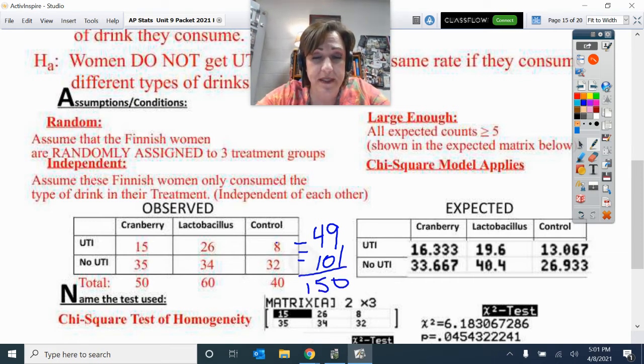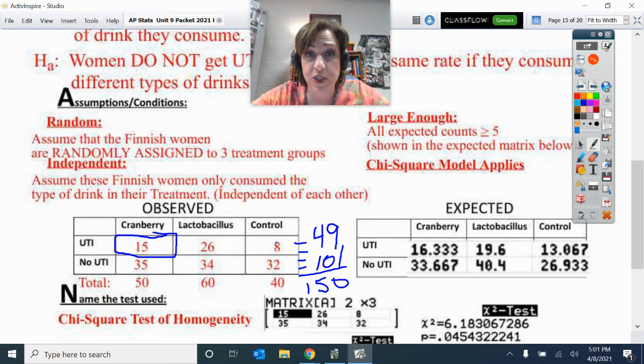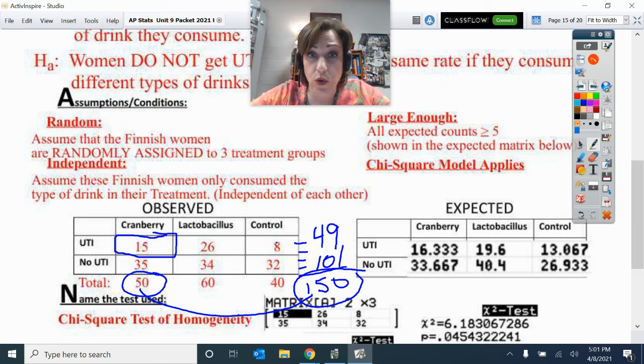So here's what happens. Say I want to determine, okay, what's expected here? Well, here's how we do that. I can see cranberry juice is 1/3 of the total in the sample, or the total in the experiment, okay?